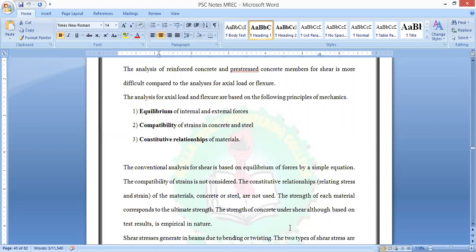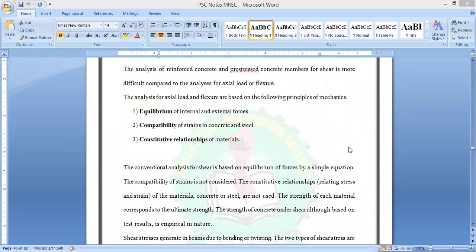The definition of shear force is nothing but the internal resistance of a beam at any cross section towards an external load. That is what shear force is: the internal resistance of a beam at any cross section within its length towards an external force, whether it is a concentrated load, UDL, or varying load.